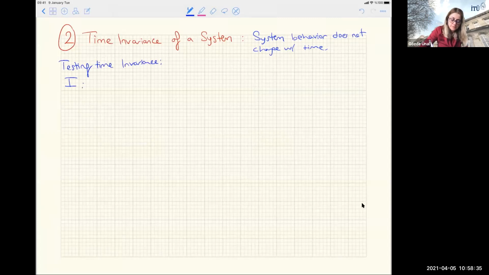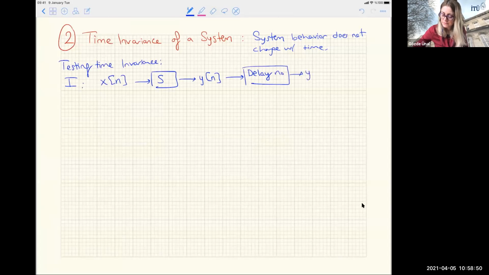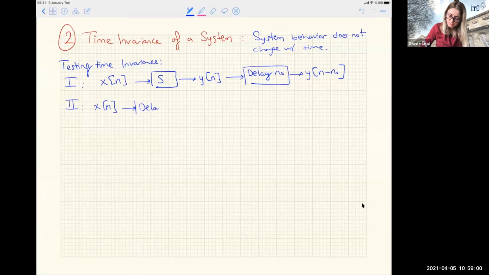So first branch, x of n goes in, y of n goes out. Now there is a delay system, delay by n0, and now this is y of n minus n0. In the second one, we first delay the input, get x of n minus n0, which goes to the system S. My question to you now is, this is, let's say, a z of n.